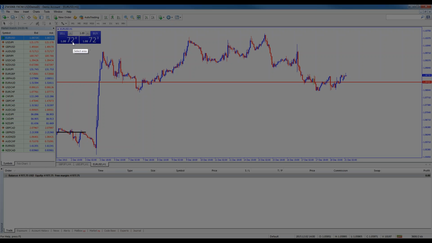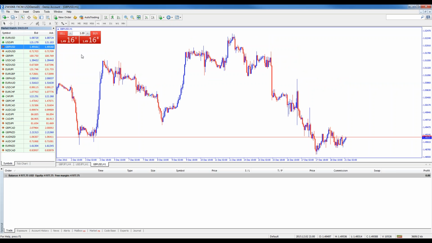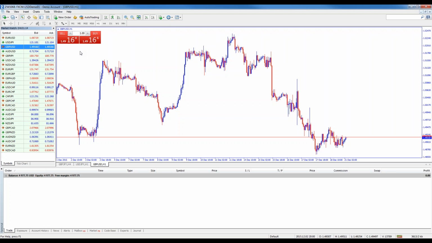Let's take a look at something different, the GBP USD. It looks like 9/10 of a pip. Some companies have a wider spread, it may be 2 pips or 3 pips. That's the spread. The difference between the bid and ask is called the spread.